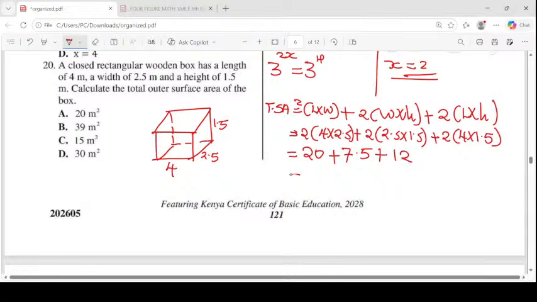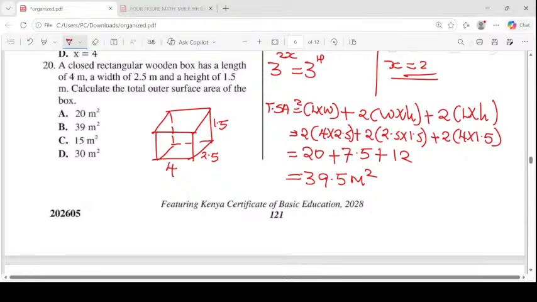So when you add this, 12 plus 7.5 plus 20, you get exactly 39.5 square meters. Have I done it the right way?